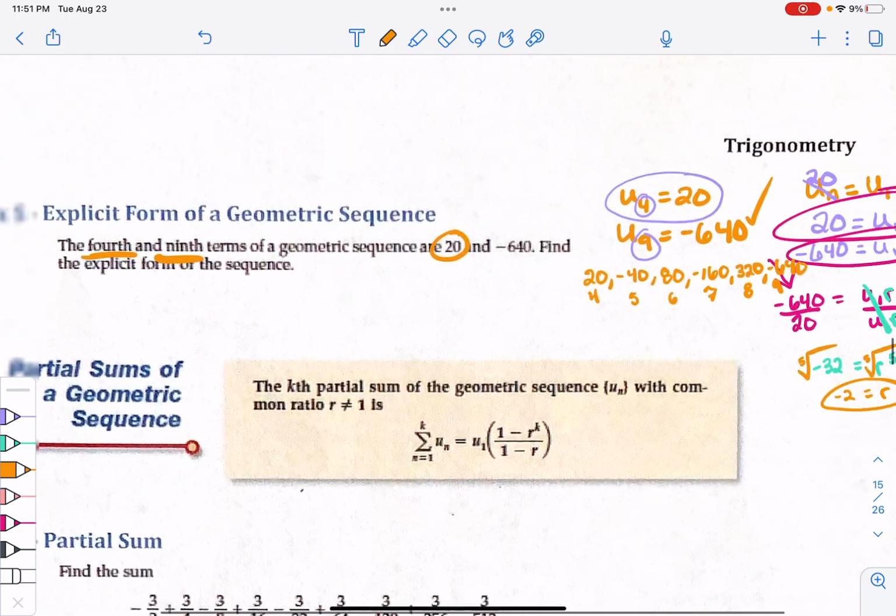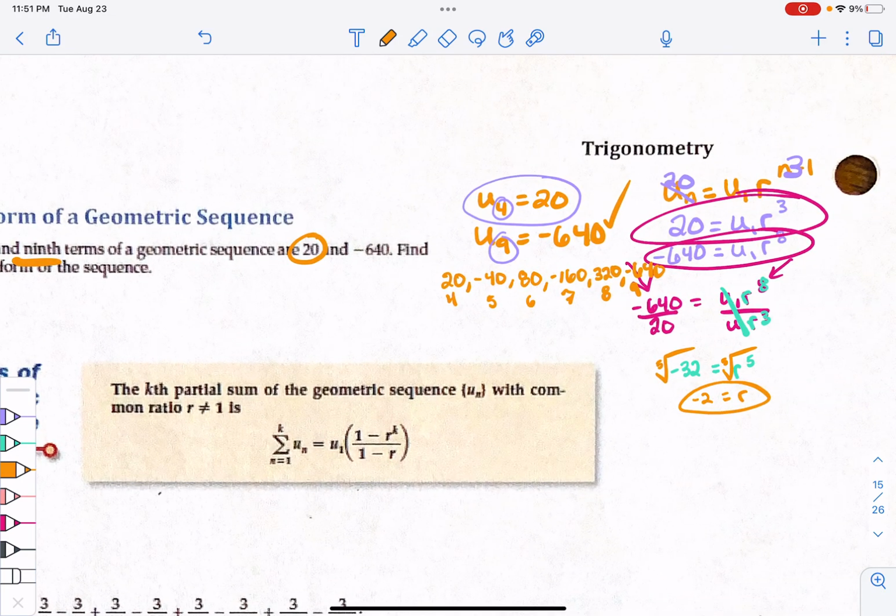It says find the explicit form of the sequence. Oh boy, this is a doozy. We know that r is negative 2, and I need to find u sub 1 for my explicit formula. So I'm just going to go backwards. If I'm multiplying by negative 2, I'm going to divide by negative 2 to go backwards. For u sub 3, if I take 20 and divide by negative 2, that's negative 10.